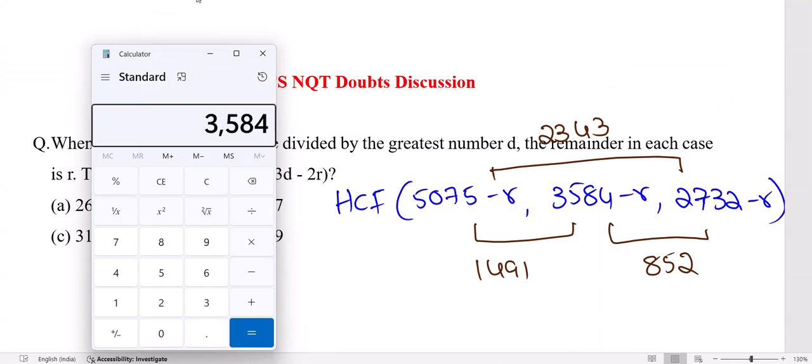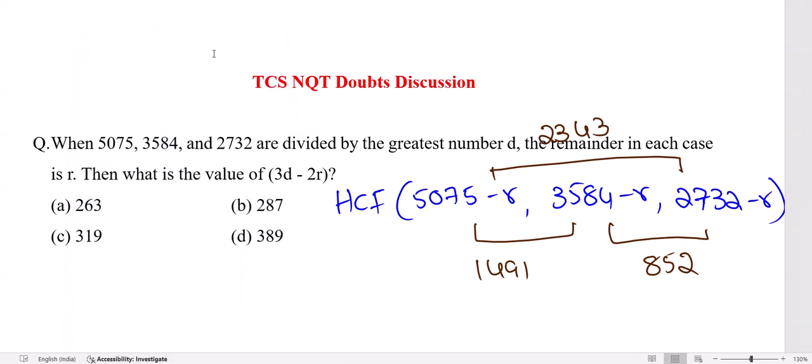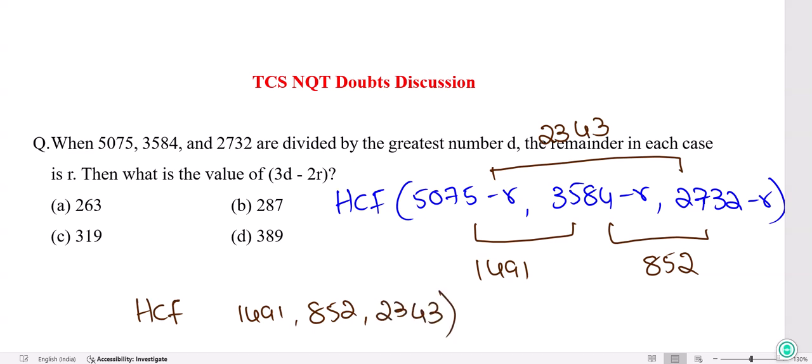And 3584 minus 2732 is 852, okay, fine. Now these differences are there, right? I got differences as 1491, 852, 2343. The factors of these numbers give the HCF for the given ones.